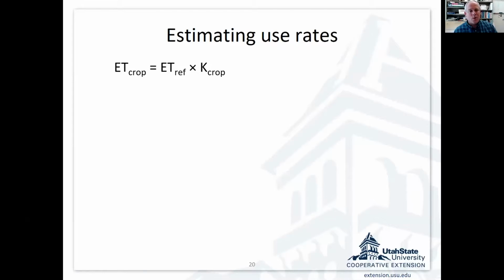So everything that's going out into the atmosphere is the ET of your crop. The way this is calculated is by coming up with a reference ET, which is a comparison to a known crop where we know how much water is used, and then an adjustment or a fudge factor, which is called the crop coefficient, which is how my crop relates to this reference.